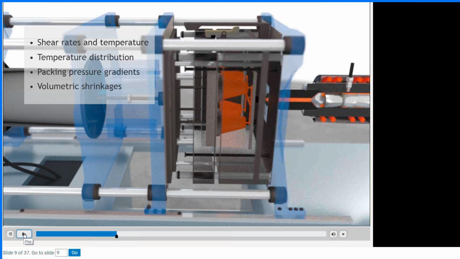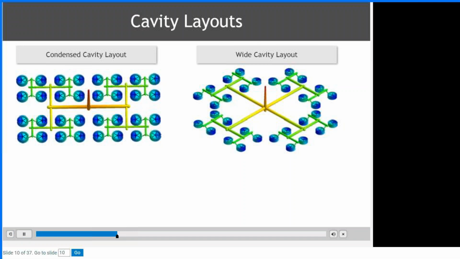The part design, mold design, and processing material all play a role in determining the processability of a mold and therefore shrinkage and warpage. Cavity layout determines overall temperature distribution. A small or condensed cavity layout, combined with a greater part volume of injected material, would create localized heat concentration, while a wider cavity layout would distribute heat over a larger mold area.